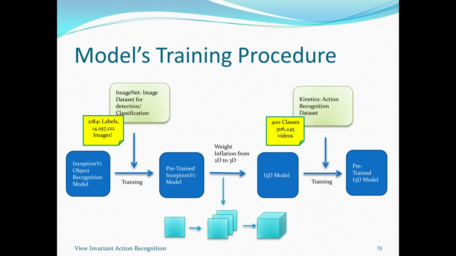And then they trained the inflated model on the Kinetics action dataset, which was released around the same time. The Kinetics action dataset is the largest dataset for actions that is available today. It is taken from clippings of YouTube videos, and it has 400 classes, and each class has more than 400 clippings.